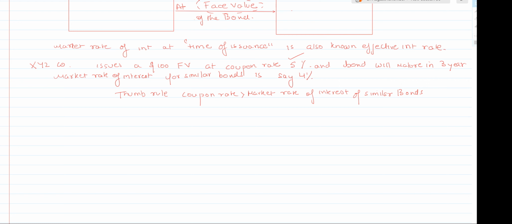Because this company XYZ is giving a higher interest compared to similar bonds in the market, right? So it would be issued at a premium because investors would be attracted to buy such a bond, which is giving more interest than similar bonds in the market, right?